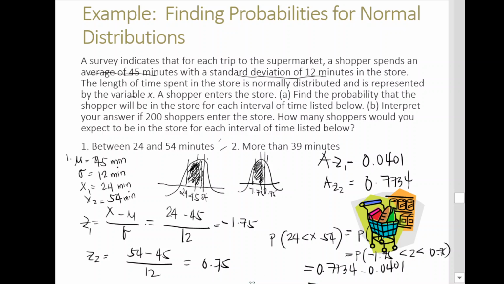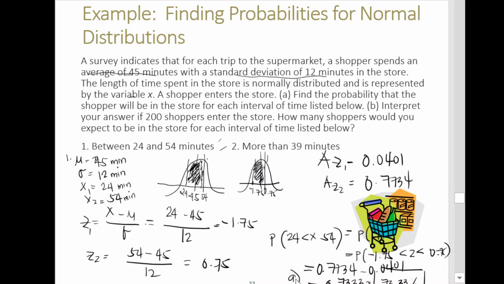Okay, so that would be 0.7333, or 73.33%. Okay? So, ito yung sagot nyo for letter A.